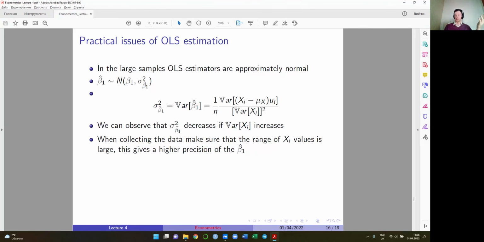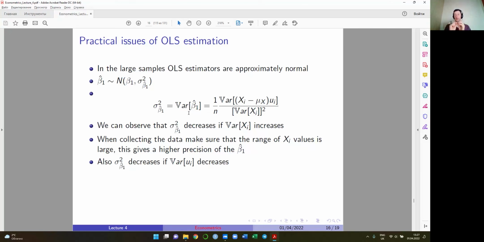But what is most important is the u term. If we leave out a lot of other factors, and these other factors influence the outcome variable y, then the precision becomes poorer. So if the variance of u goes down, then the variance of beta 1 hat also decreases.